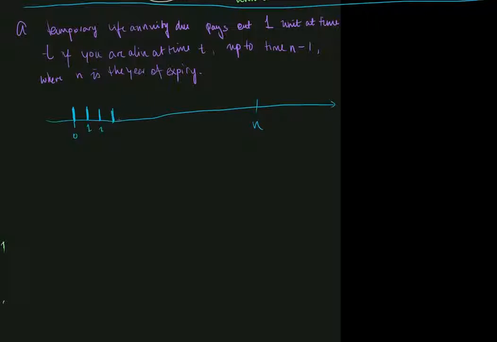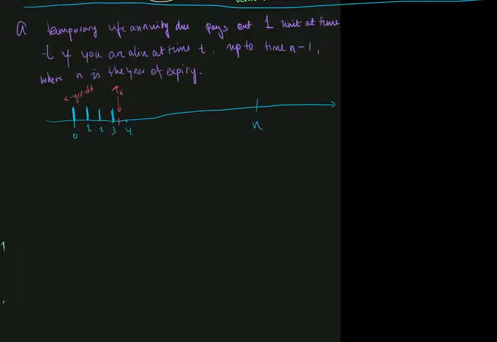So depending on when you die, the payout will stop at different times. For example, if the X-year-old dies somewhere between year 3 and 4, then there will be no more payouts after time 3.